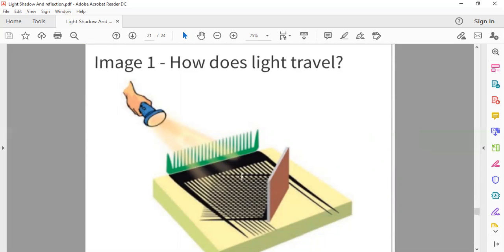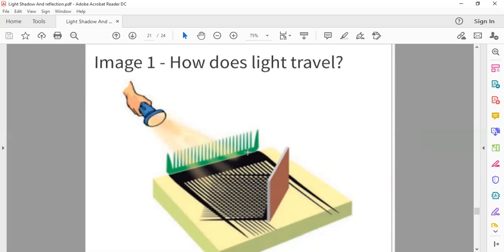So in this diagram, this is a comb. On one side you have fixed it, and opposite to it, slightly bent, this is a mirror. We have kept a mirror here. Now a person is putting the light of a torch on this mirror. Now what happens?